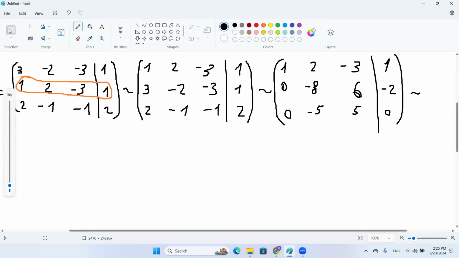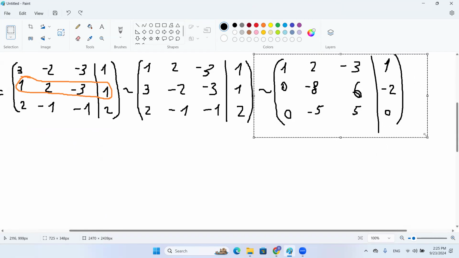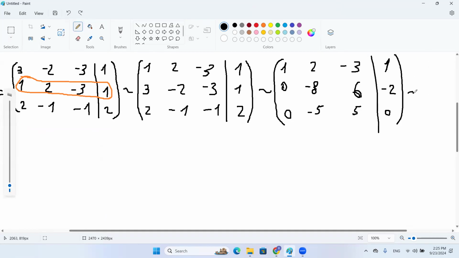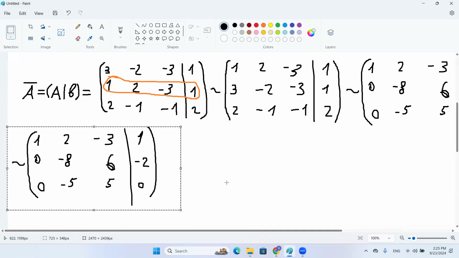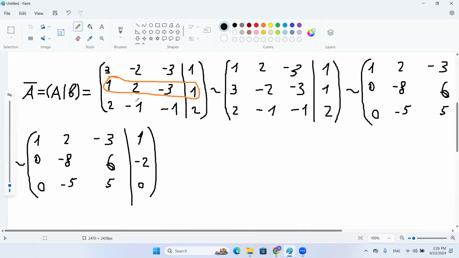And actually, how can we simplify this matrix? I will copy and paste it and just move to the next line. So, what can we simplify in this matrix already without eliminating rows and so on?